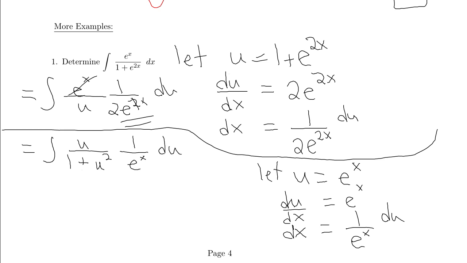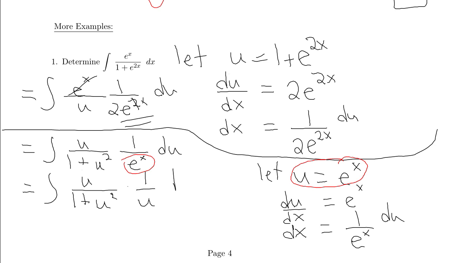And so you might be like, oh no, we still have an e to the x there, but remember, our u is actually e to the x. So we're actually fine here because that e to the x is just a u. So we end up with the integral of u divided by 1 plus u squared times 1 over u du. And so we have some cancellation, and I have just the integral of 1 over 1 plus u squared du.